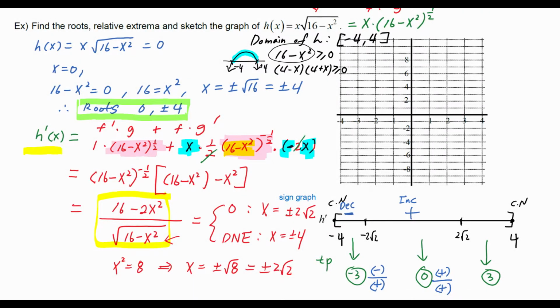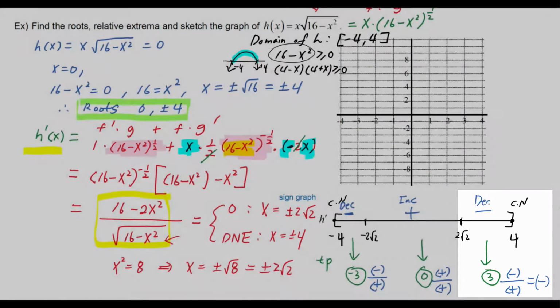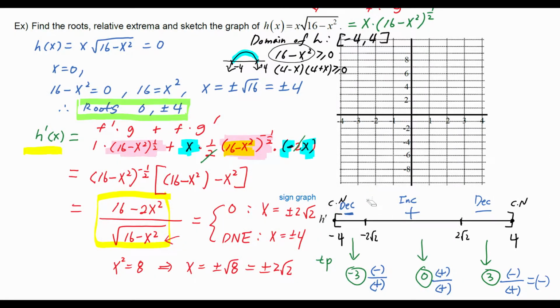Test number 3. 16 minus 18 is negative, over the square root of 16 minus 9, which is positive. So my quotient will be negative, which means my graph is decreasing here.